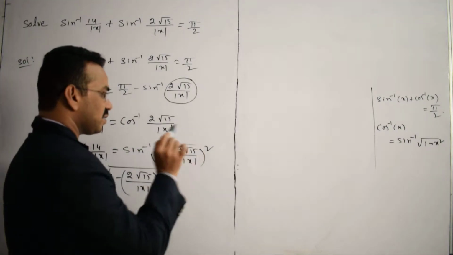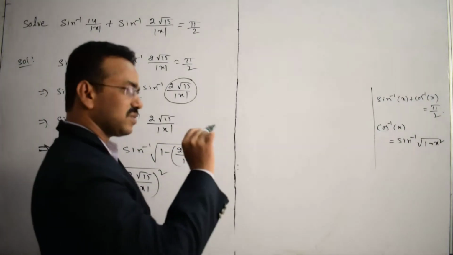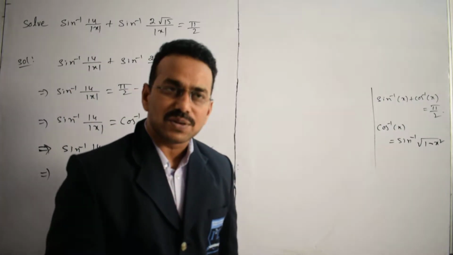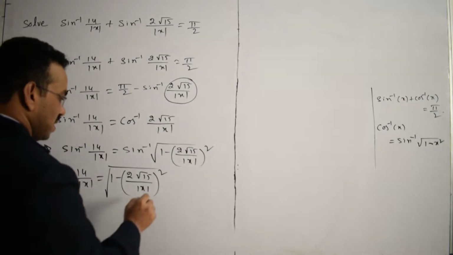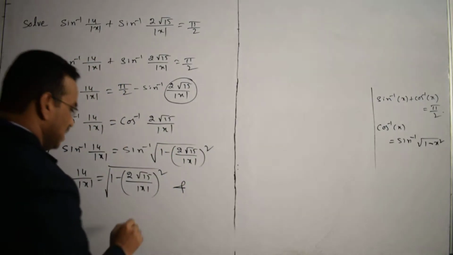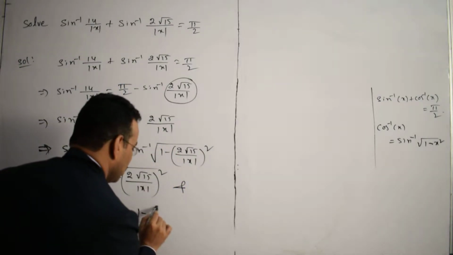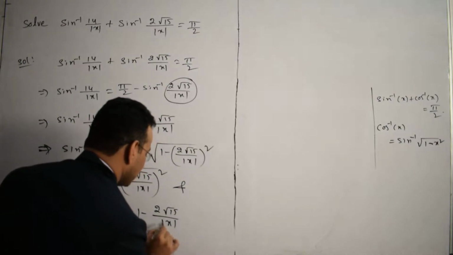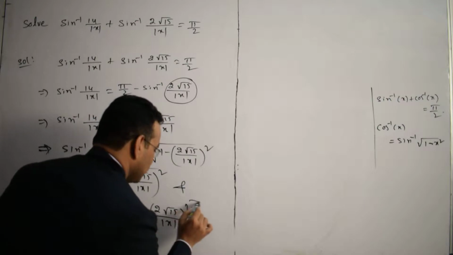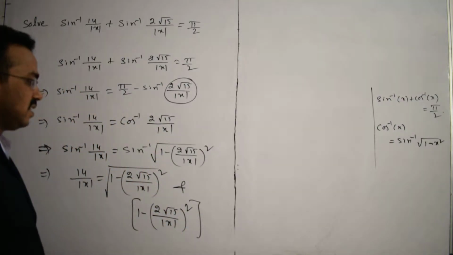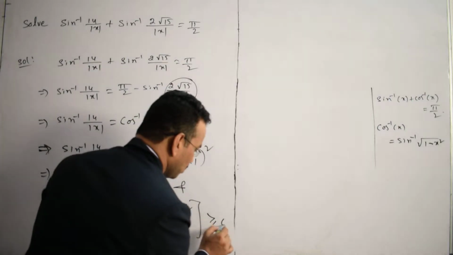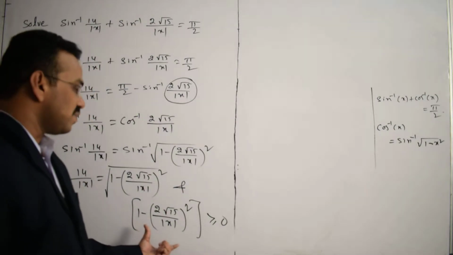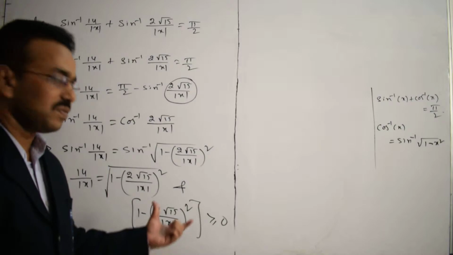Here, the square root of something exists when it is greater than or equal to 0. At the same time, one more constant is there, that is 1 minus 2 root 15 by mod x whole square. Keep in brackets the entire thing, which is greater than or equal to 0. Now first we will take this one and then we will decide the values of x.